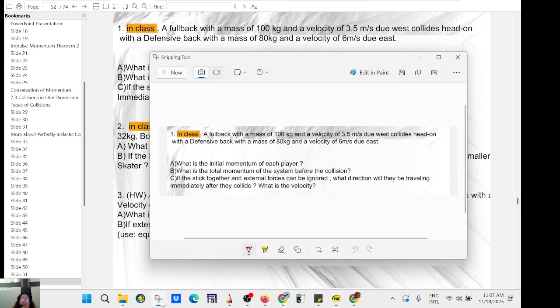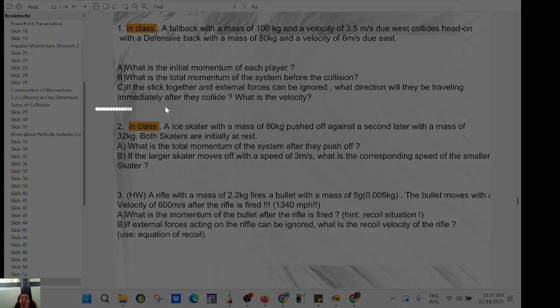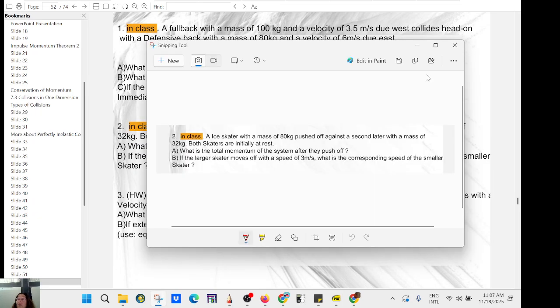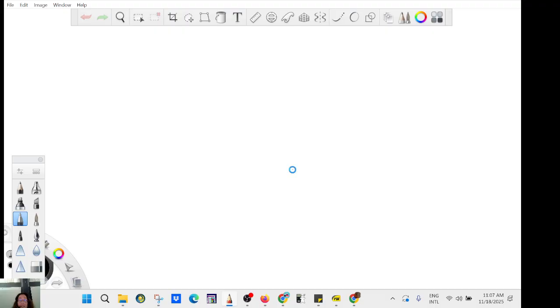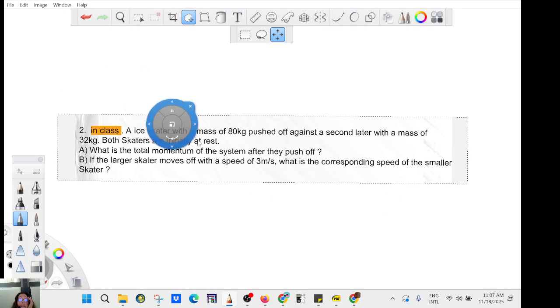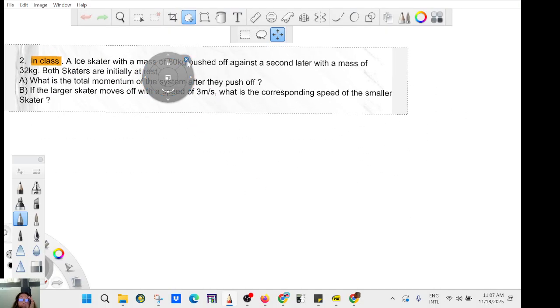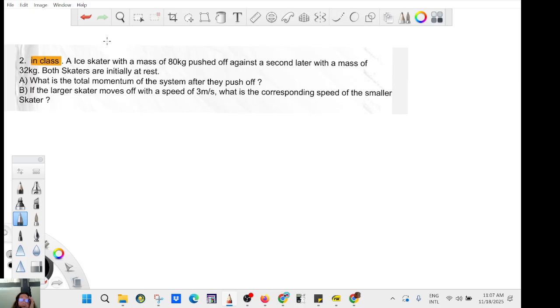Okay, let's do a quick recoil situation with the magic equation. So it's a recoil situation, right? So we have the magic equation for recoil, something like this.